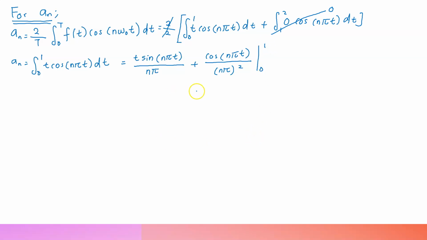Now, the next thing that I wanted to do is make the denominator equal, so I can add both parts. So I have, and this will be n pi sine n pi t plus cos n pi t divided by n pi square, integration from 0 to 1.